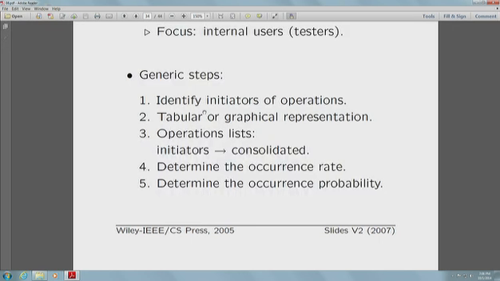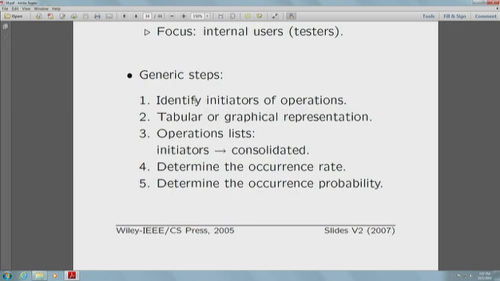For my system, I'm directly dealing with the operations, so who are the ones who will be initiating those operations, who will be using our system? This is similar to looking at the customers and the users in the earlier step. Look at who is going to be using my system.